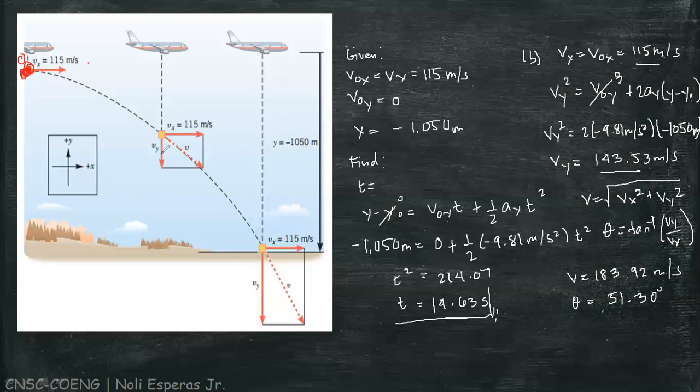because as we can see in the illustration, Vy is directed downward. Therefore, its direction should have a negative value.